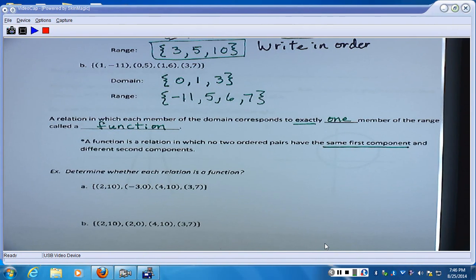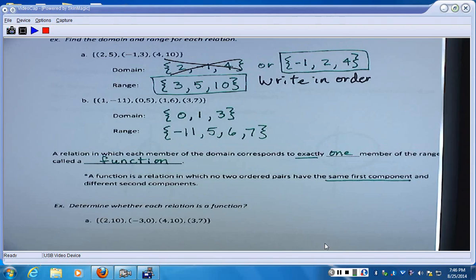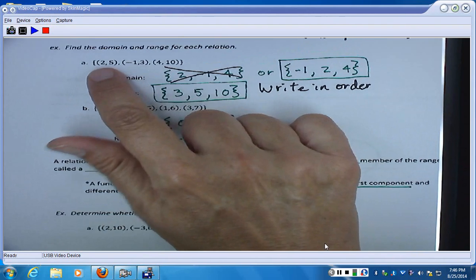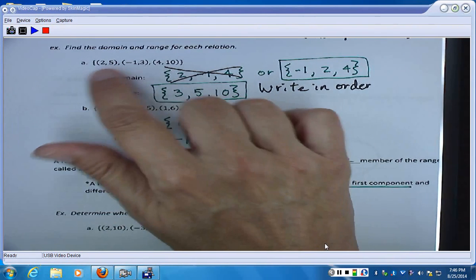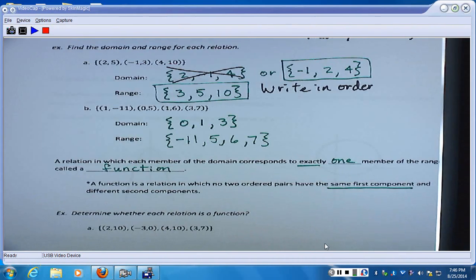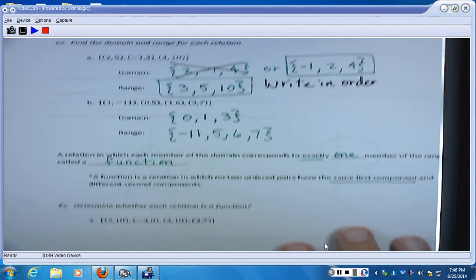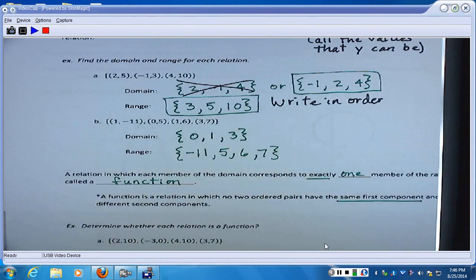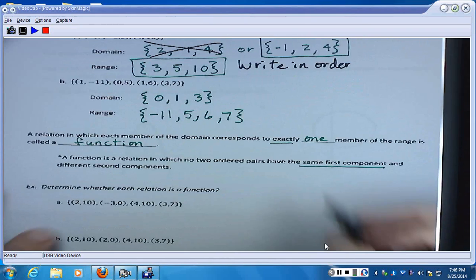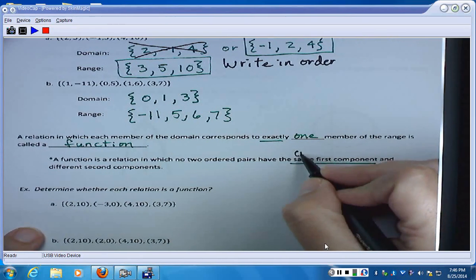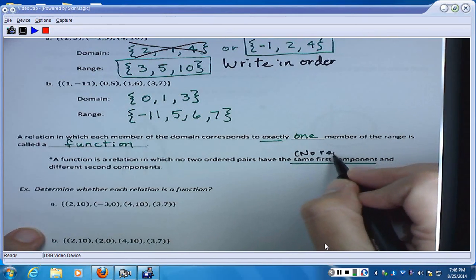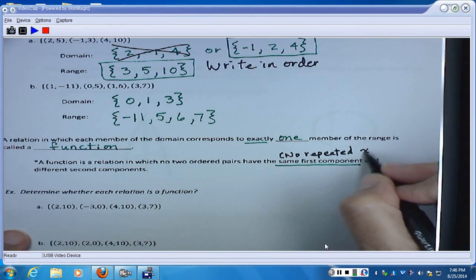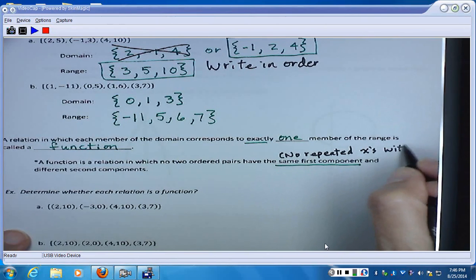Just looking back up here, was this relation a function? They have no repeated first components, so it is a function. It can't have the same first component and different second components, so no repeated x's with different y's.